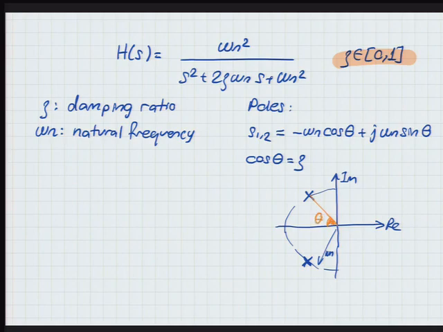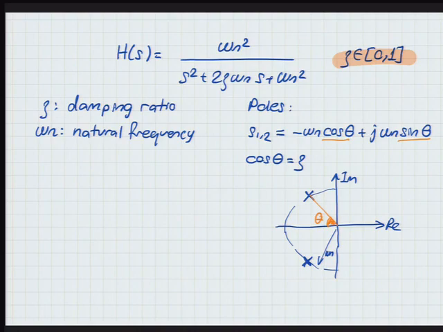So clearly, if you look at the actual pole locations, the ratio of the imaginary part to the real part is sine of theta by cosine of theta. So that's tangent of theta, right? So in this representation, cosine of theta is zeta.